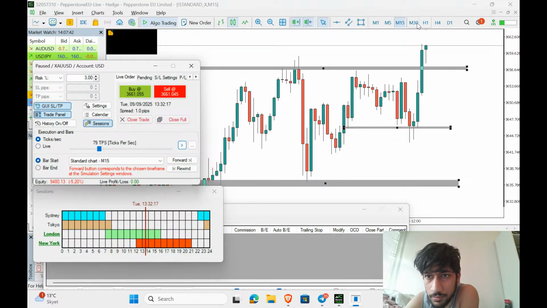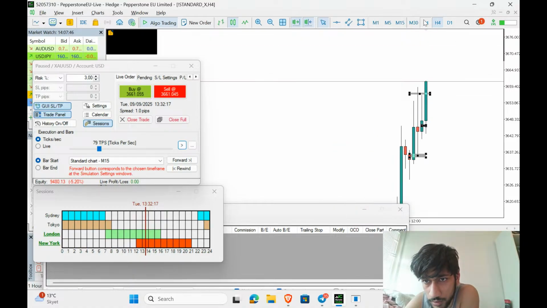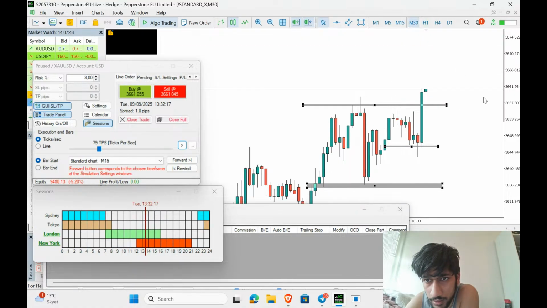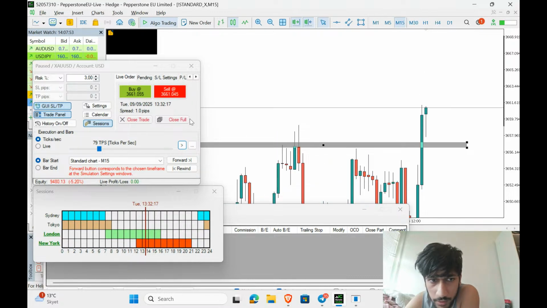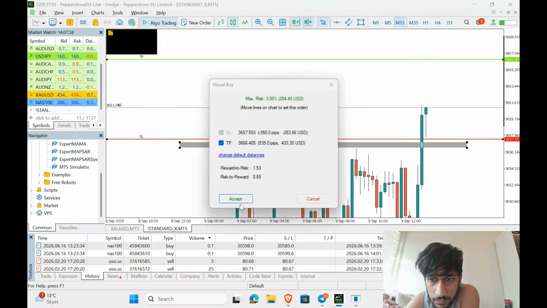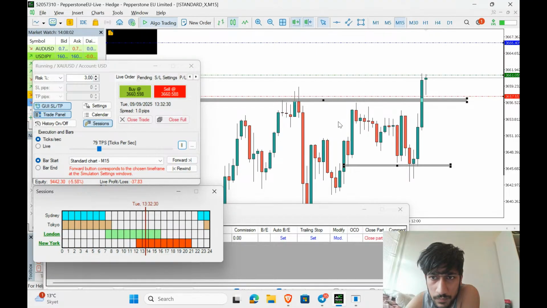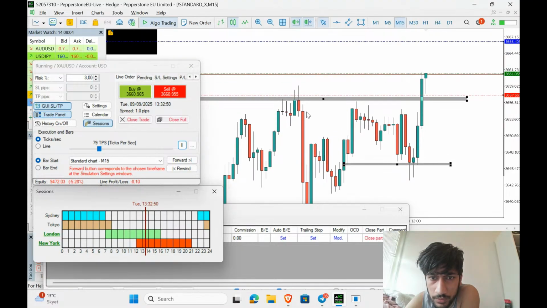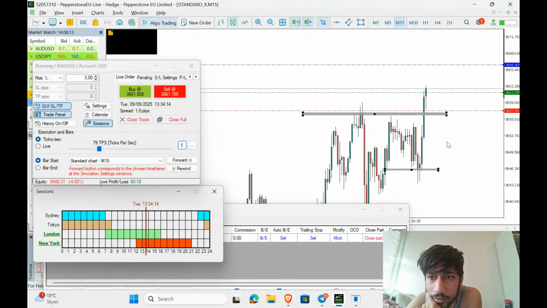Is it a good idea to buy this up? Yeah, I think so. H4 moving up, H1 breaking the high, M30 broke above the high and closed. Buy goes right here, because we came up, we consolidated, we moved up, we closed bullish above this range. It's not even overextended. We are right around the zone.